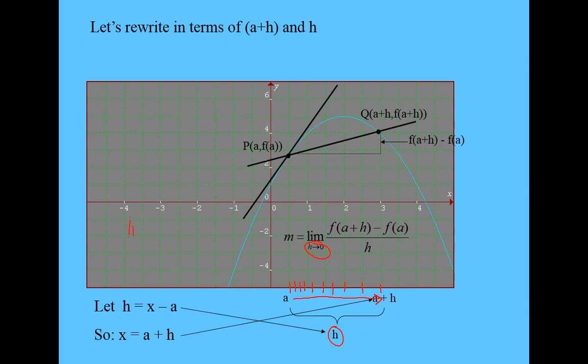Now this was as opposed to our other form. These two find the same thing. They both find the slope of the tangent line at a. You're going to see probably 95% of the time we're going to use this form instead of this form.